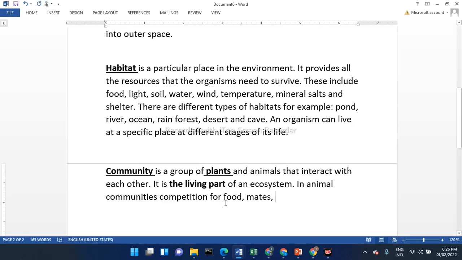The one who's willing to go the extra mile. Along with nestling sites, as well as water. So we can have competition for food, mates, nestling sites, competition for water, right?